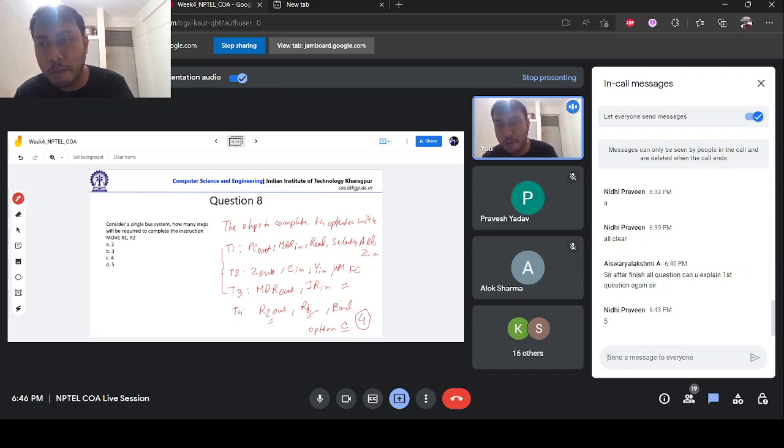It is just a simple move from R2 to R1. That can be done with only one control signal, R2 out, R1 in. So it will require only 4 steps or timestamps. Clear?